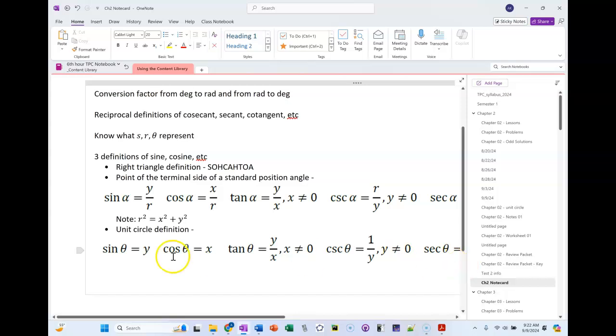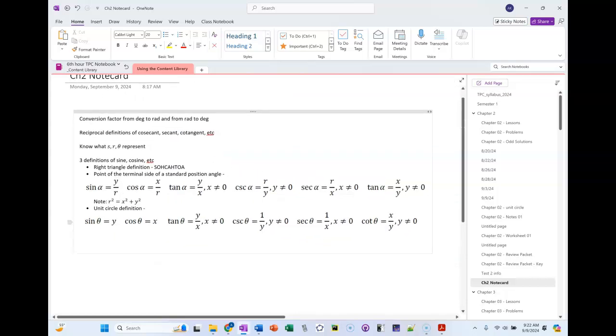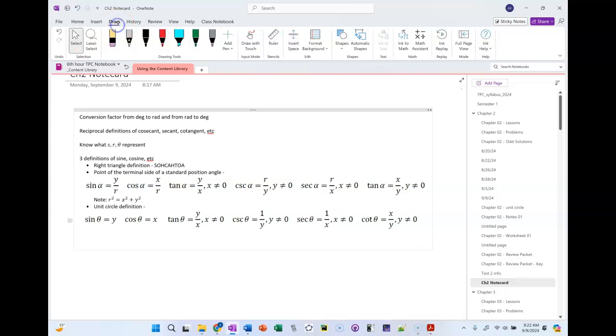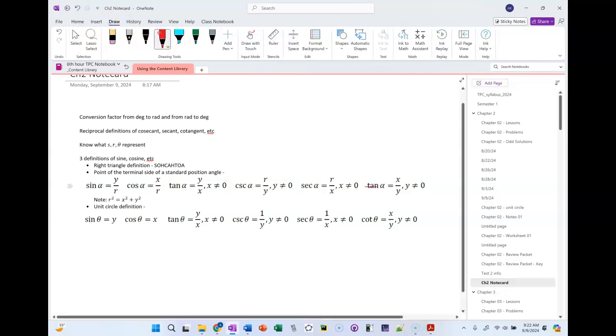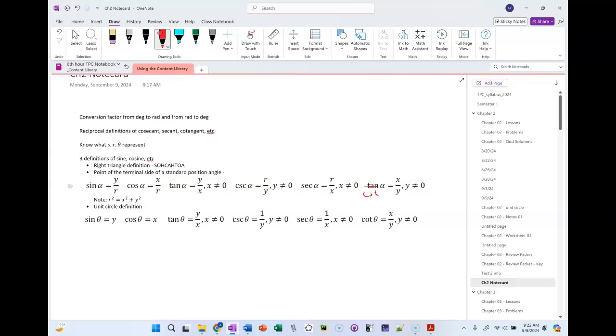And then our unit circle definition. So sine theta is y, cosine theta is x, etc. At a minimum, you'd probably want those definitions on your note card.